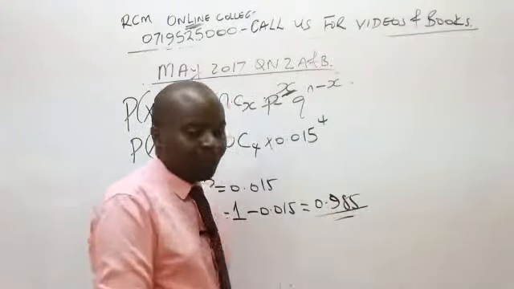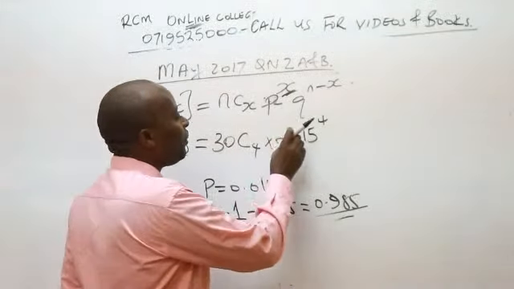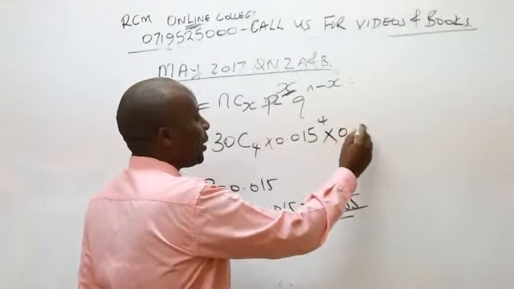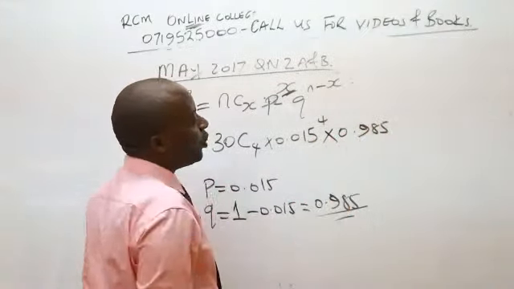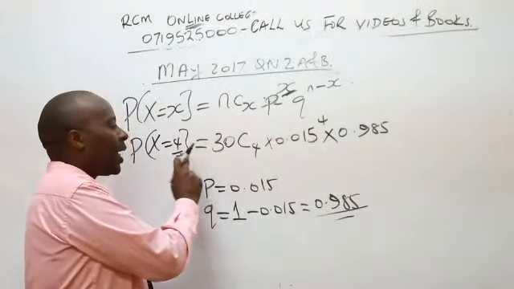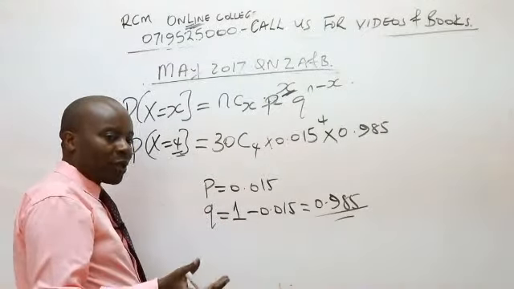So now, the moment I've got those 2 parameters, I know that my q is 0.985 raised to n minus x. Now listen, n is 30, x is 4. When you subtract the 2, you should get 26.